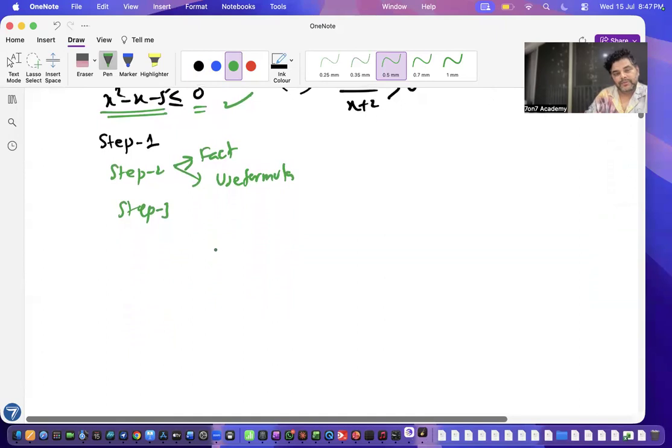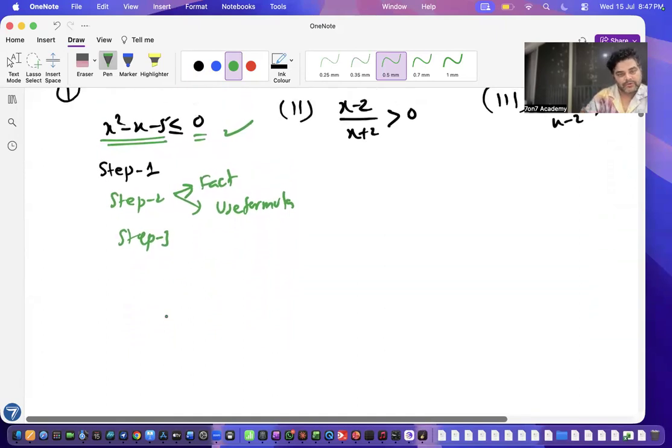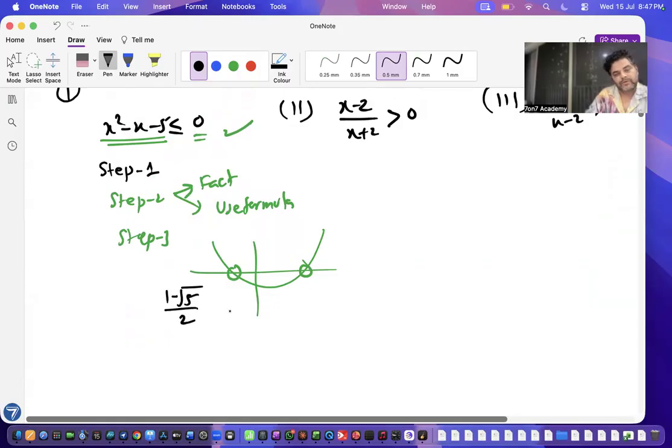If I apply steps 1 and 2, factorization is not possible here, so you get the roots using the quadratic formula. These are the x-intercepts because the right side is 0. This would be 1 minus root 5 over 2 and 1 plus root 5 over 2.